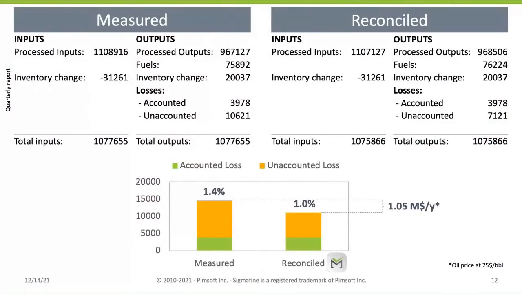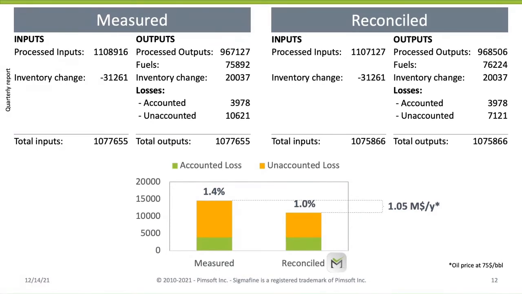Let's see a practical example. A typical loss report, you see it on the left, is based on the measured data, so before the reconciliation, and then the same report is presented based on reconciled data.